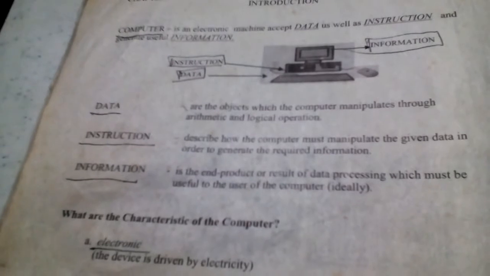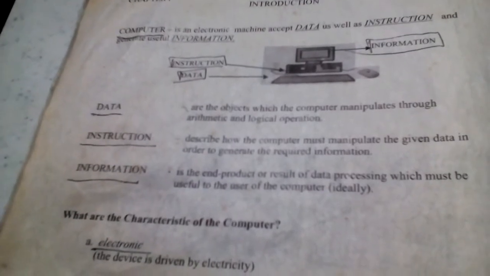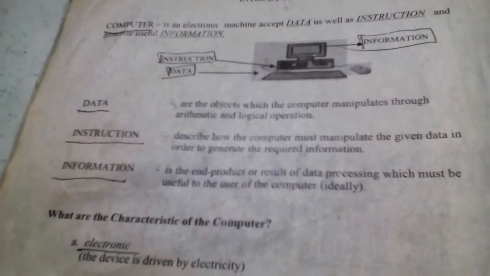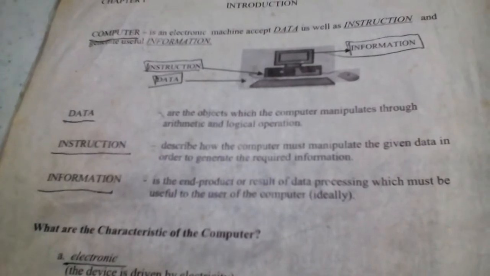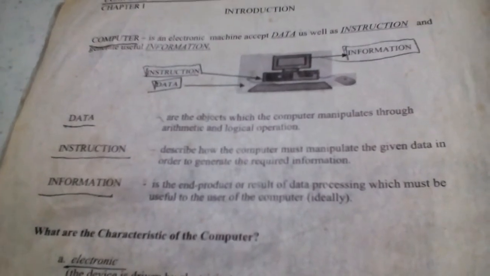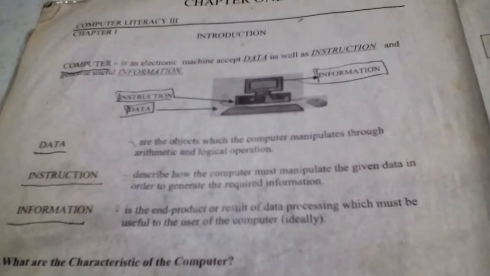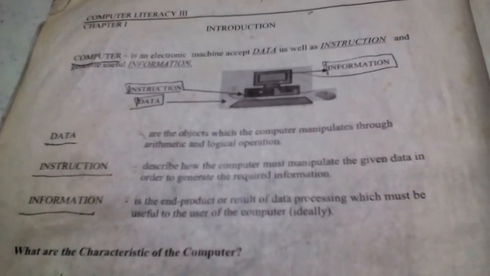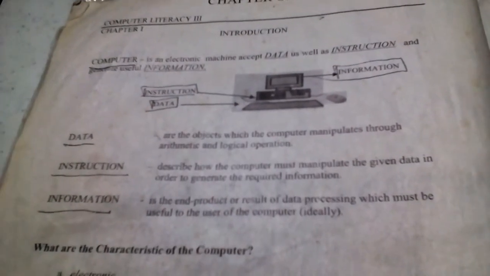The ingredients, like bread or other things, are data. Then instruction describes how the computer must manipulate the given data in order to generate the required information.